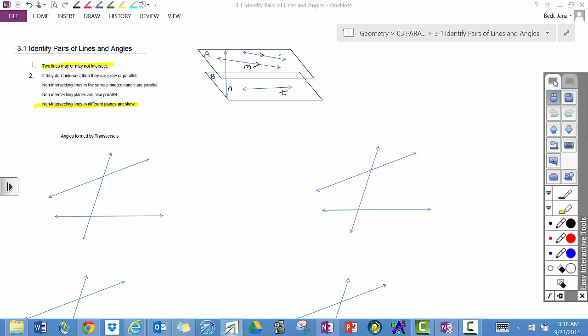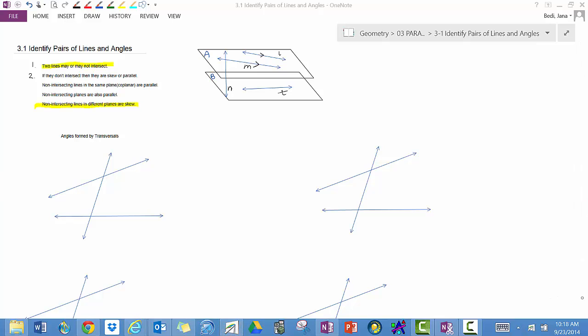Okay, so let's choose the color red. If you notice, angle 1 and angle 2 both sit on the same side of the transversal. Let me just label this transversal. That's the intersecting line.